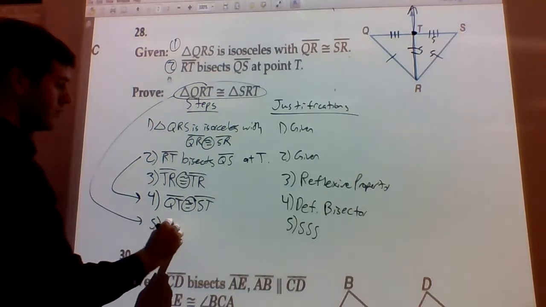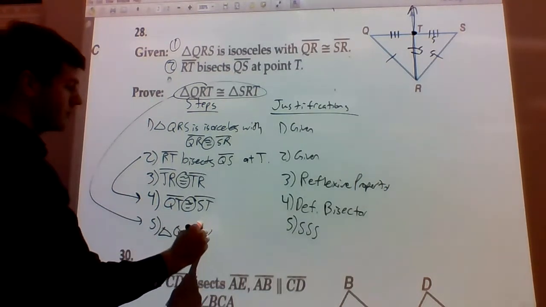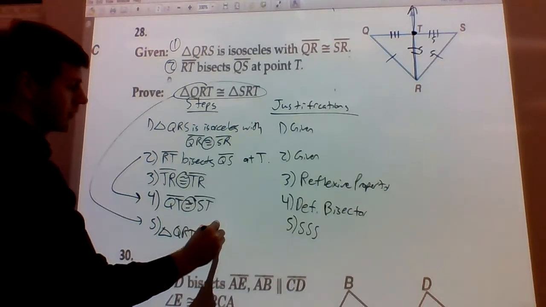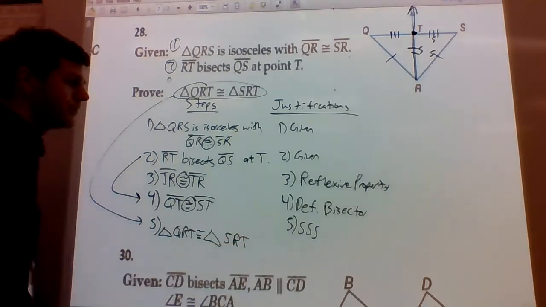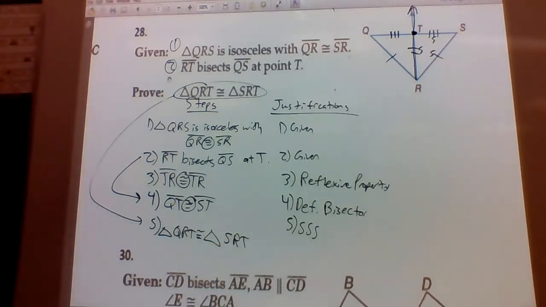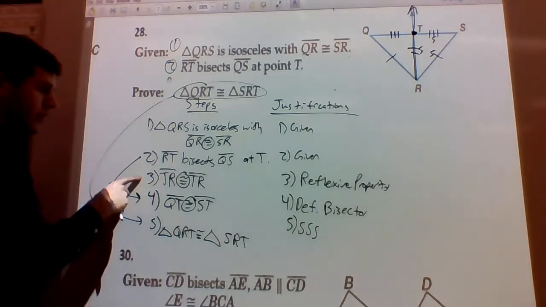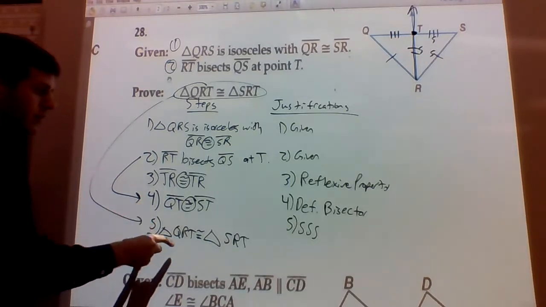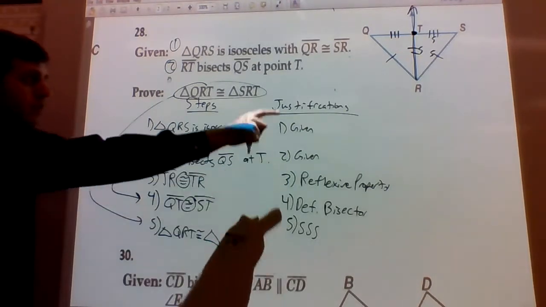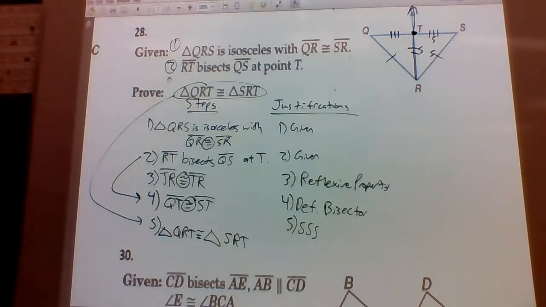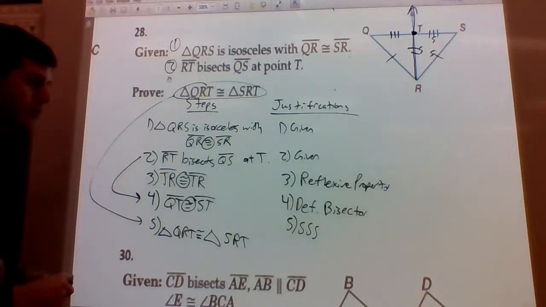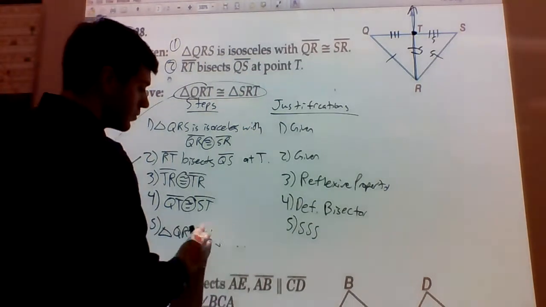So triangle QRT is congruent to triangle SRT by the side, side, side postulate. So write your givens, look for shared sides or vertical angles, use the givens. Then we have three pieces, cover one of the triangles, and we see side, side, side, which is one of our postulates that works. So we're good to go.